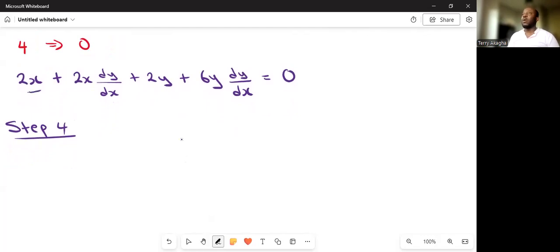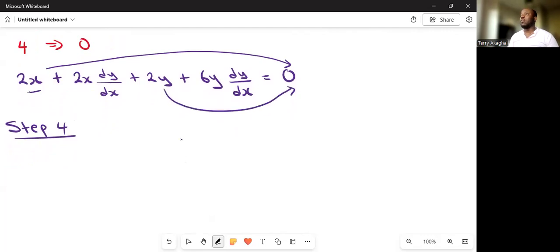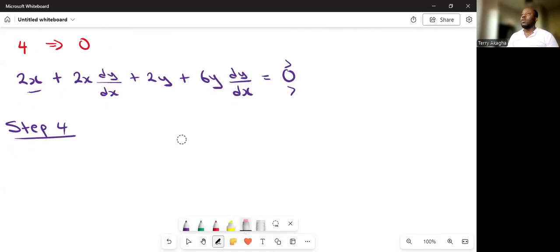So I'm going to take 2x to the other side, and it can become minus, okay? And I'll take 2y to the other side, it's going to be minus, okay? Or better still, if you prefer this way, you can subtract 2x from both sides and subtract 2y from both sides. Any method you want is going to be the same thing.